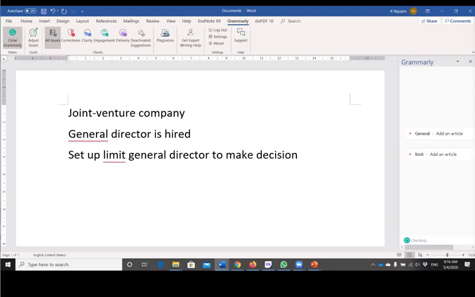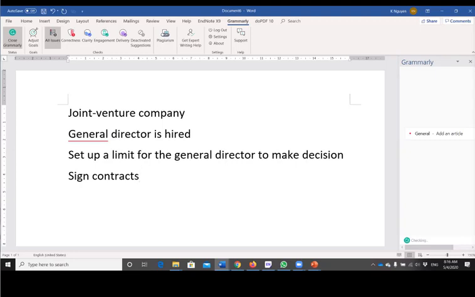Like, for example, in the rules of one of our friends' company, the chairman of the board of management just gives the general director the power to sign contracts with amounts within 20 billion.